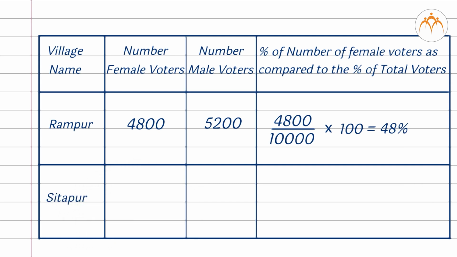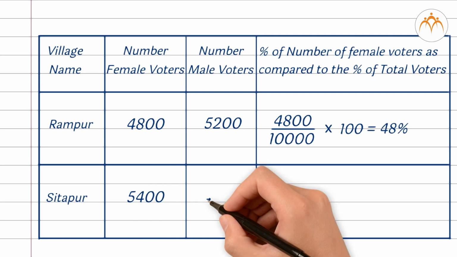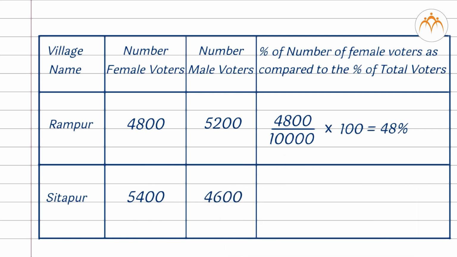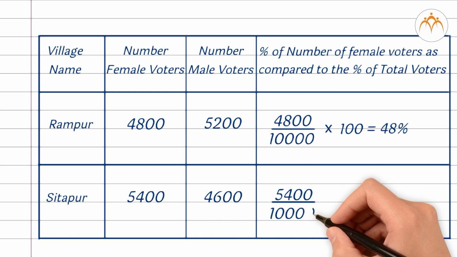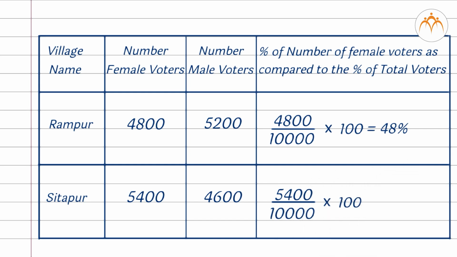Sitapur. Number of female voters 5,400. Number of male voters 4,600. Percentage of female voters as compared to total voters: 5,400 divided by 10,000 multiplied by 100 is equal to 54%.